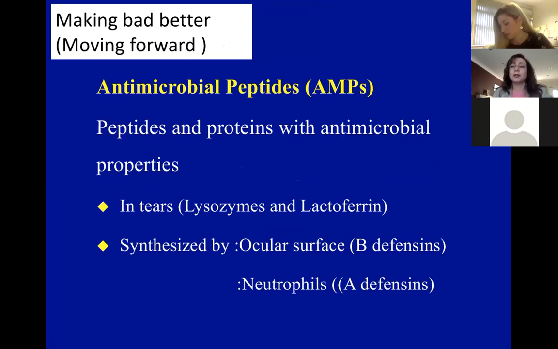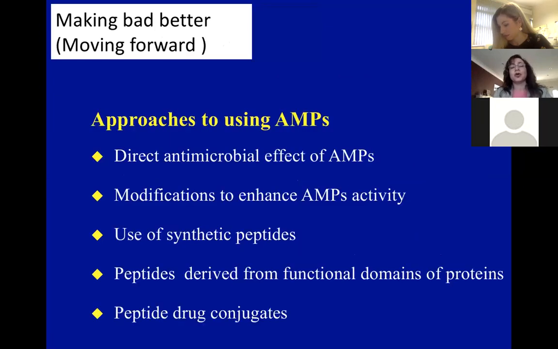So these are peptides and proteins which are available on your ocular surface in your tears, or they can be synthesized by the epithelium or some neutrophils. And they have antimicrobial abilities. And people are now working to try and use these antimicrobial peptides to treat infections, whether they work directly or whether they can modify them to enhance their penetration or enhance their activity, or sometimes people are trying to put these antimicrobial peptides in combination with antivirals or antibiotics and see the effects.